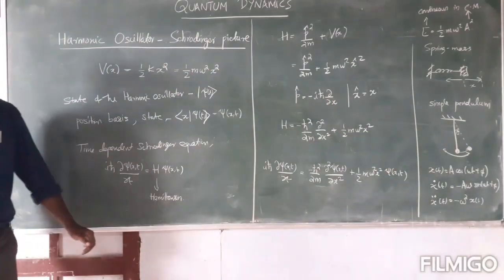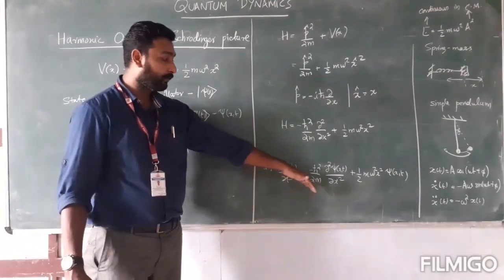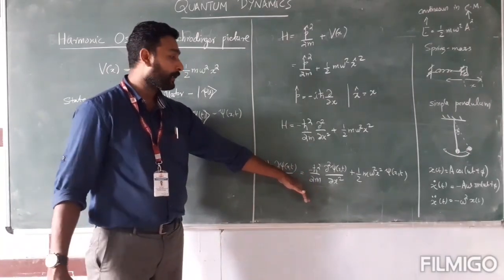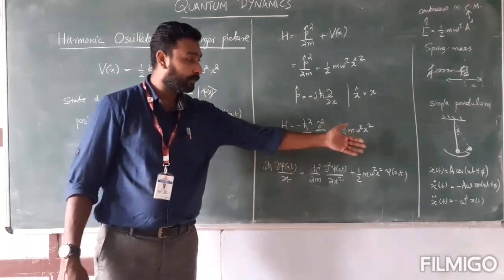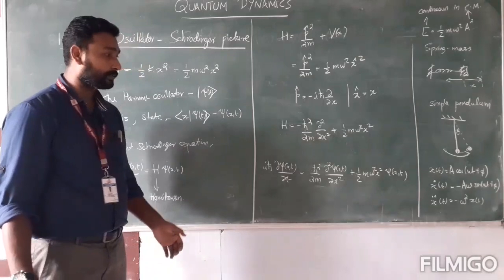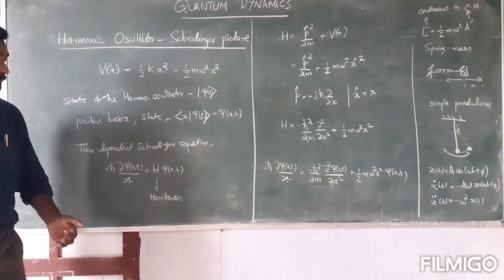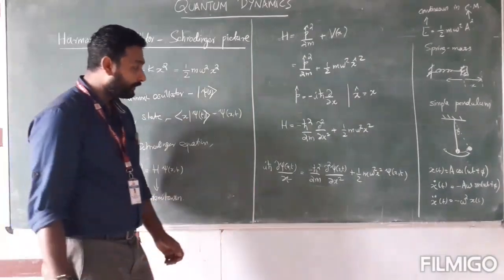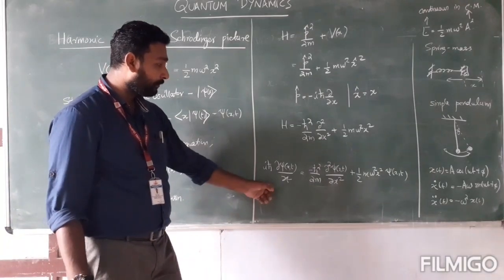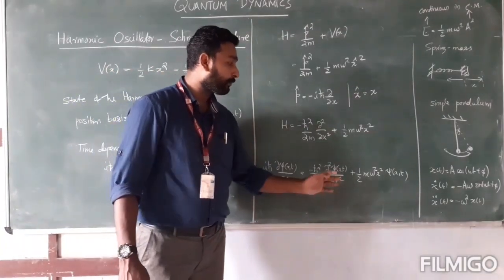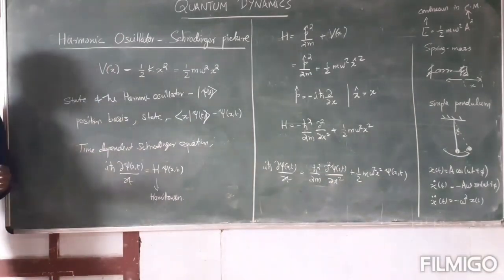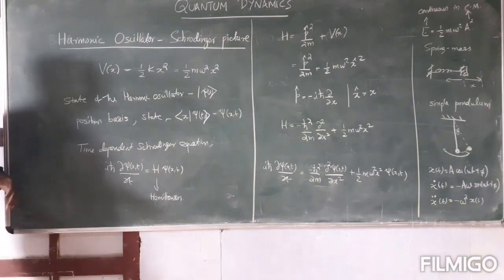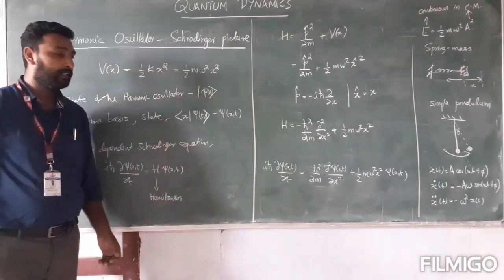Okay, so we have to solve this differential equation, and by solving it we can get the possible energy of the system, and even find the position and velocity of the harmonic oscillator, etc. Now this problem seems to be time dependent, but actually the harmonic oscillator problem is not completely time dependent, because the potential is time independent.